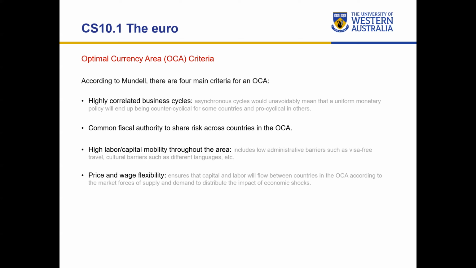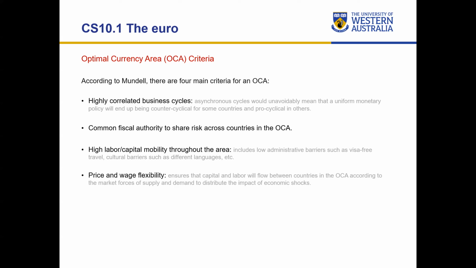But workers and capital have to move from, or be willing to move from, areas that are in recession during asymmetric business cycles to areas that are booming. So move from areas where the unemployment rate is high and wages are probably falling and rents on capital are falling, to areas that are booming where wage rates are rising and rental rates on capital are rising as well.